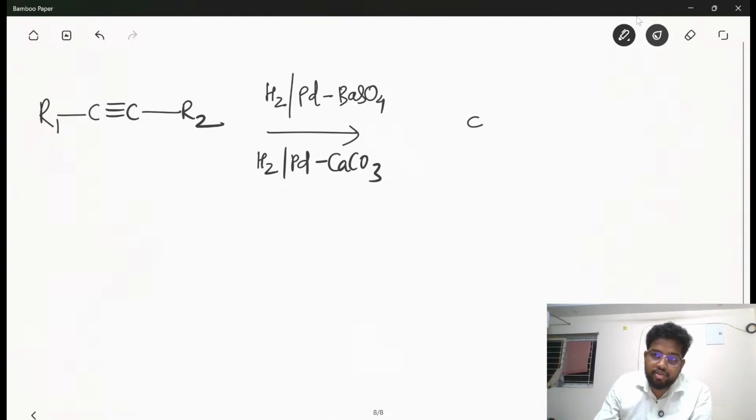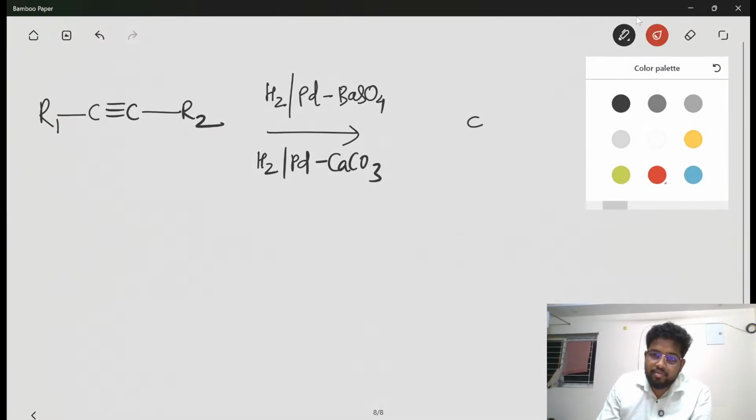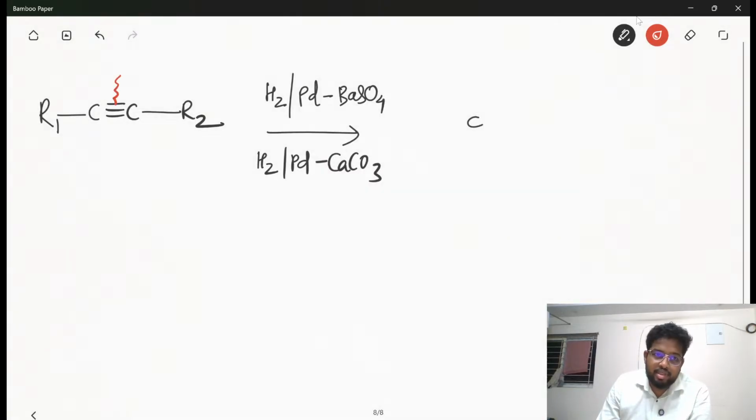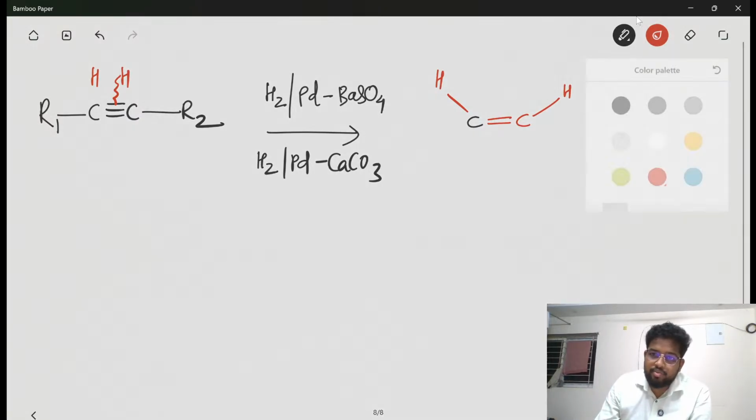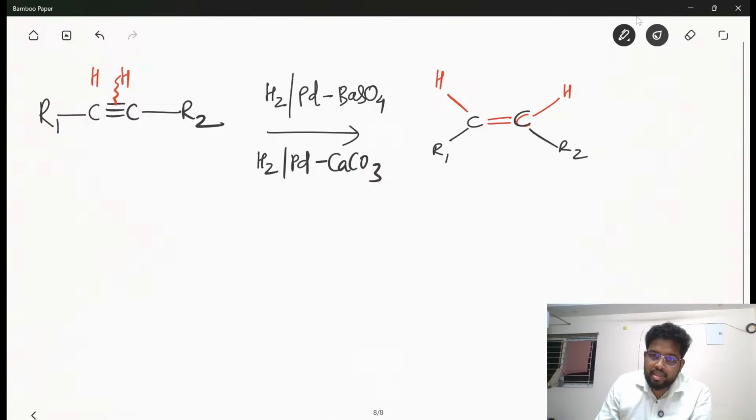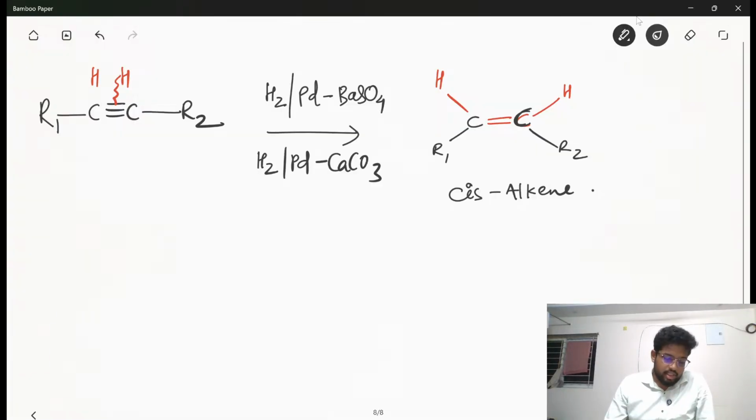I'll show you the mechanism. It will be a surface mechanism, spaceship mechanism also we call it. Both the hydrogens add on the same side and we get R1 and R2 on the similar side. We got a cis alkene.